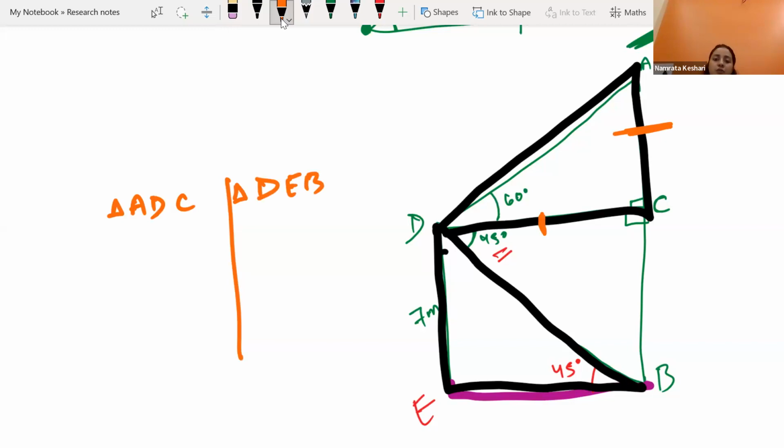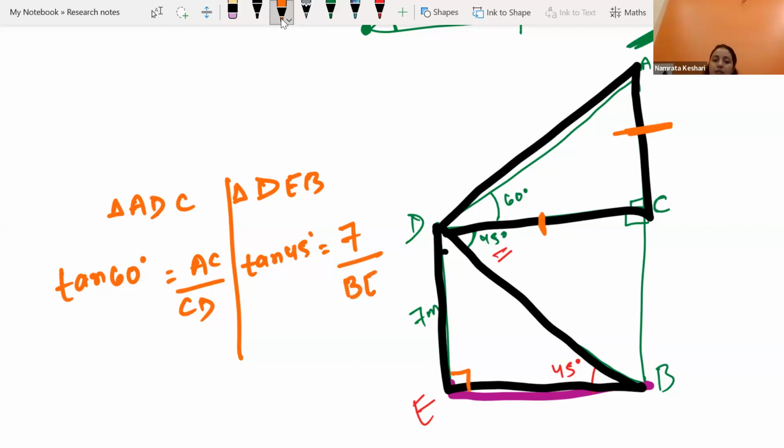Okay. So tan 60 is equal to AC by CD. Here tan 45 is equal to opposite over adjacent, 7 over BE. We realize that BE and CD are both the same. So here we are getting BE as 7.